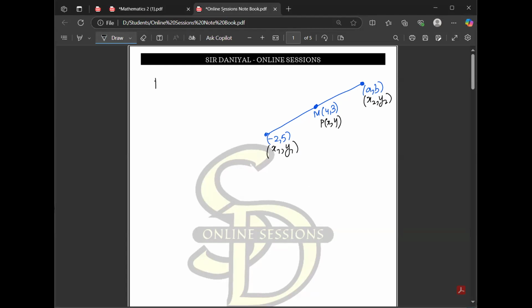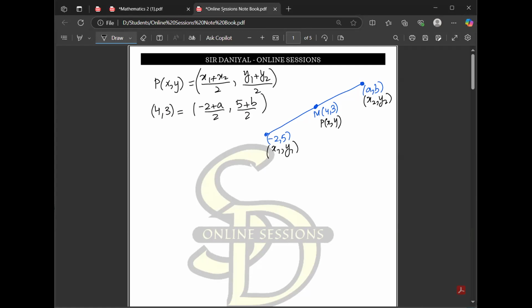So what we're gonna do is P(x, y) equals x1 plus x2 over 2, y1 plus y2 over 2. We will apply it here. So M(4, 3) will be written here. x1 is negative 2 plus a over 2, and this is 5 plus b over 2.